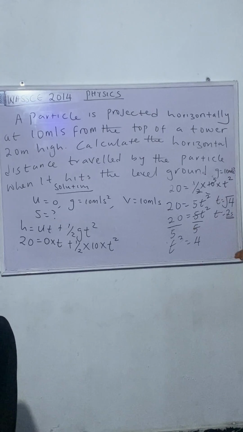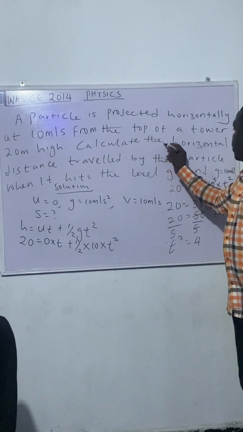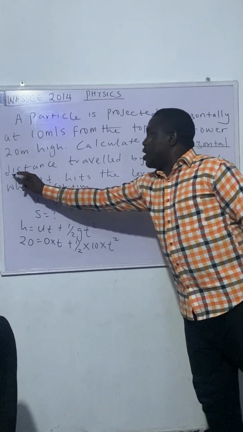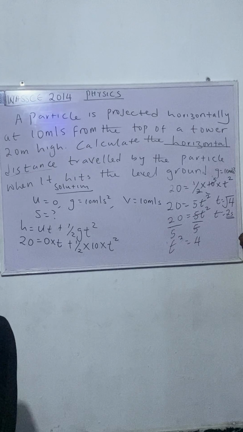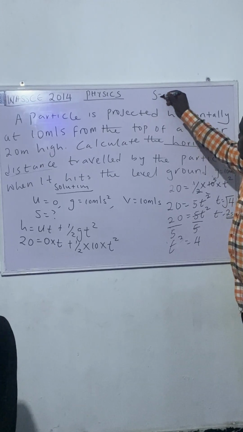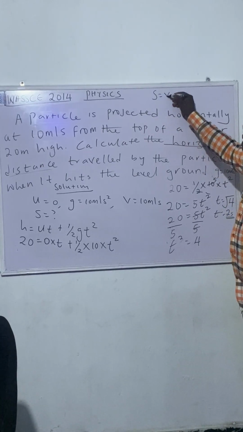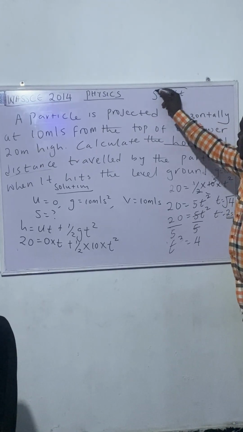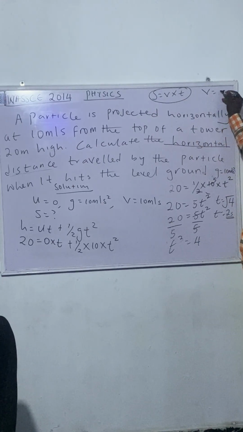Now, but that's not what they said I should find. I'm told to find the horizontal distance. And if I'm looking for horizontal distance, I could decide to use this direct formula: horizontal distance is velocity times time. Normally the velocity is distance or displacement over time, so even if I make distance the subject of the formula, I will arrive at this.